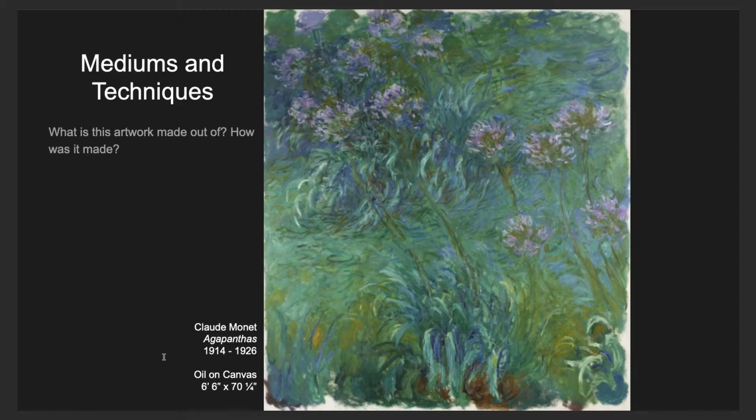Well, what's the medium of this painting, and what is the technique? The medium is oil on canvas. Oil is a type of paint. And the technique, you can describe it in any way you can imagine.